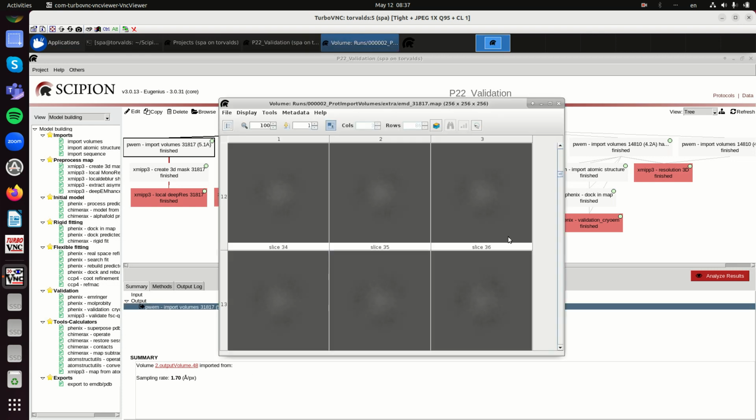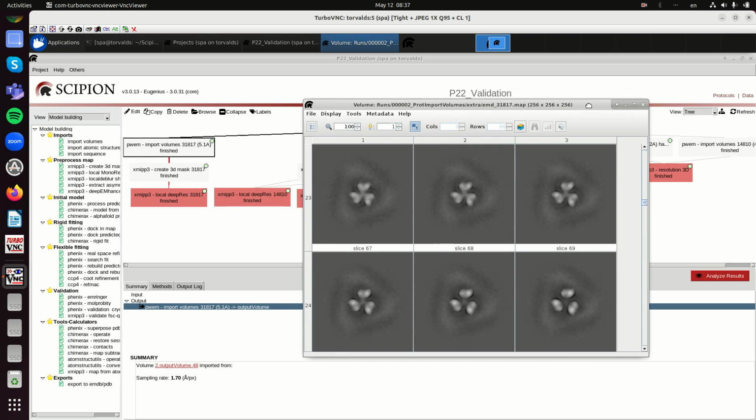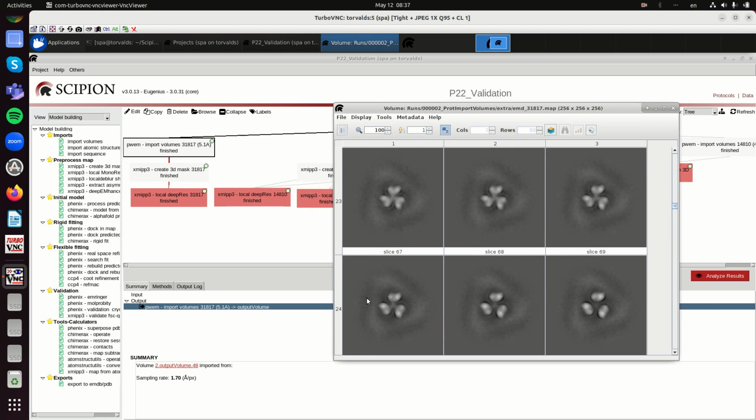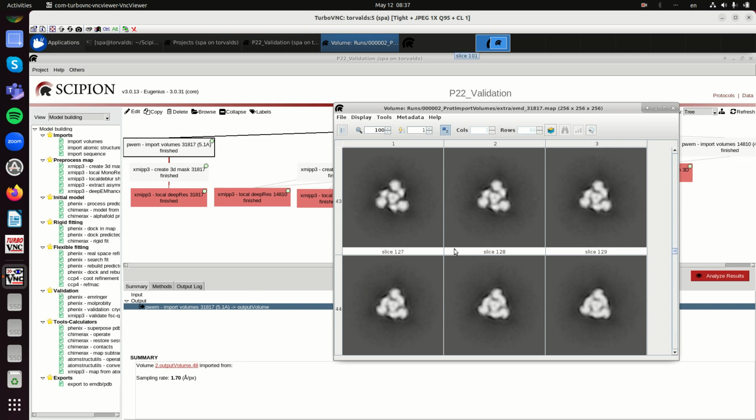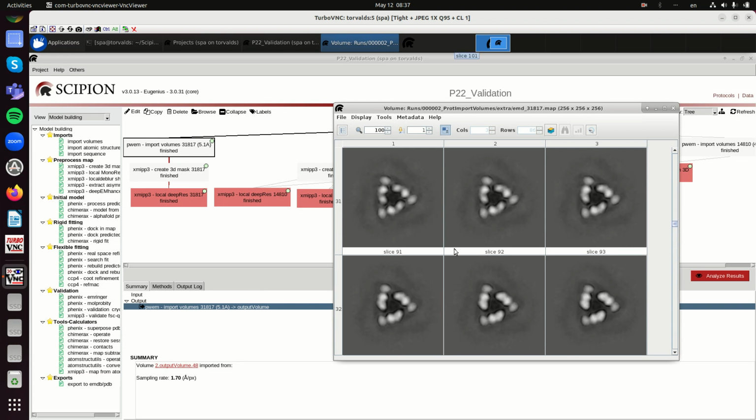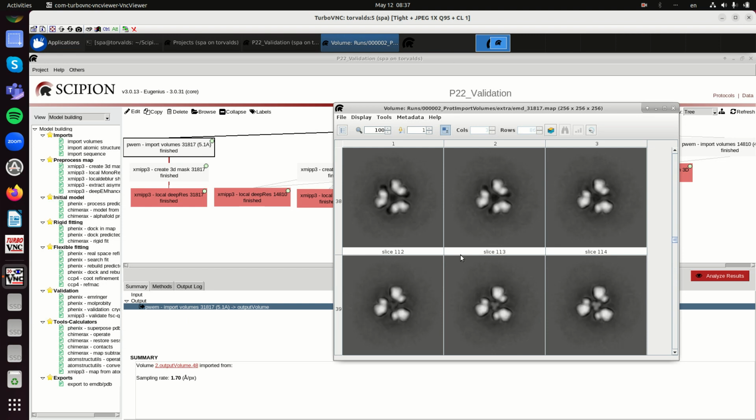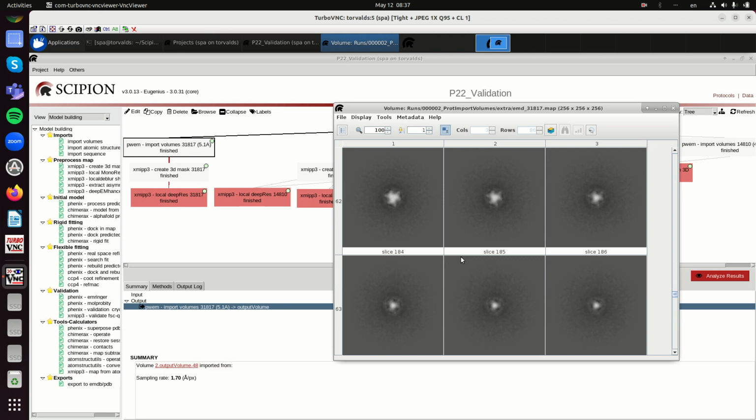The resolution deposited or declared at the databases is 5.1 angstrom. But if you look at the structure, I think it is negative staining, so it doesn't have 5.1 angstrom, even if the claimed resolution is that one.